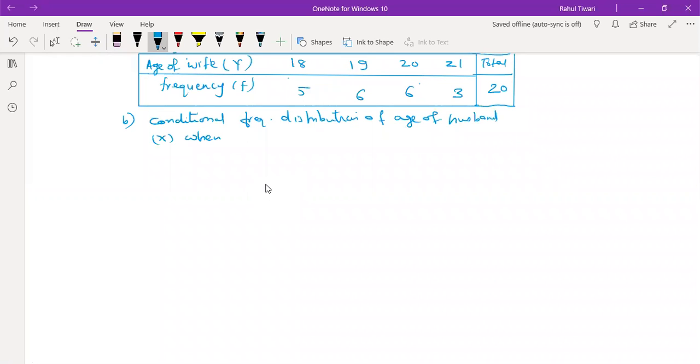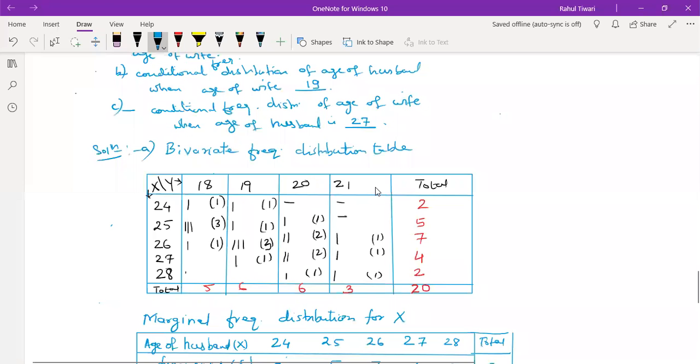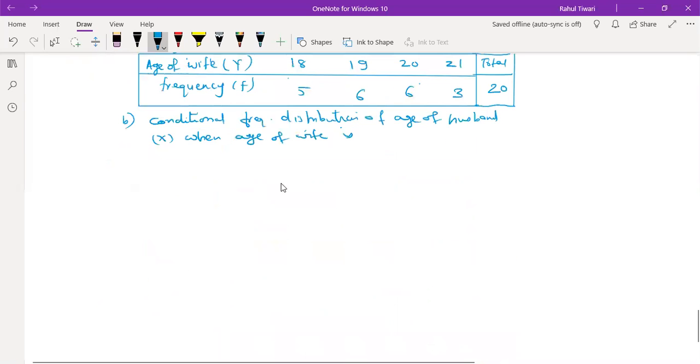When age of wife is... अच्छा इधर थोड़ा सा let's change. I will say wife is less than 19. Let's say it is less than 19, and this is greater than 27.